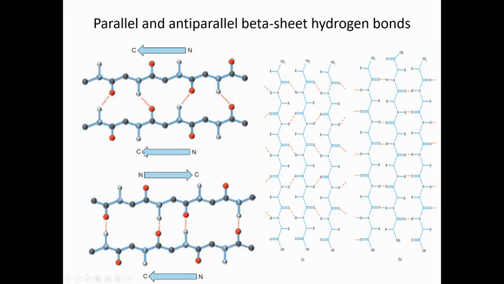If you see this parallel sheet, they are typically a large structure, so basically they have more than 5 strands. That's the parallel structure. For the anti-parallel, you see from N terminal to C terminal in this direction, and N terminal to C terminal in the opposite direction. These anti-parallel sheets can normally consist of as few as only 2 strands.